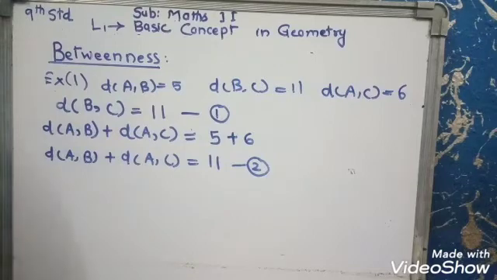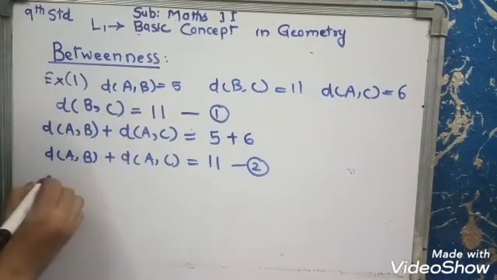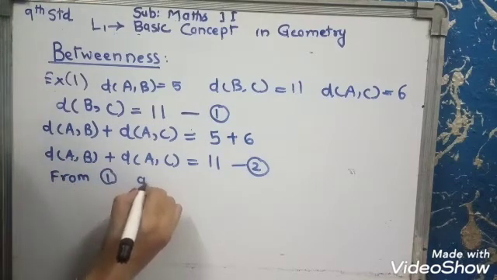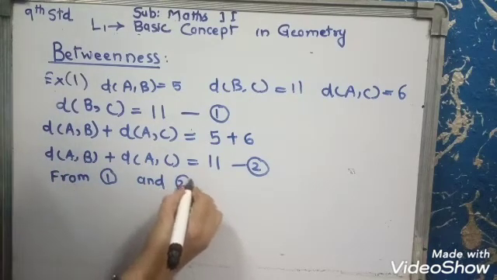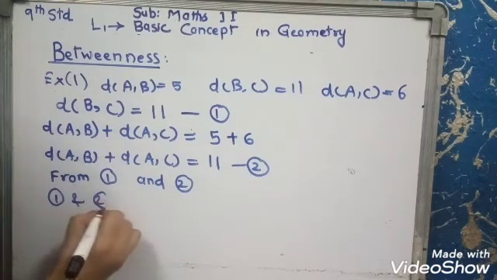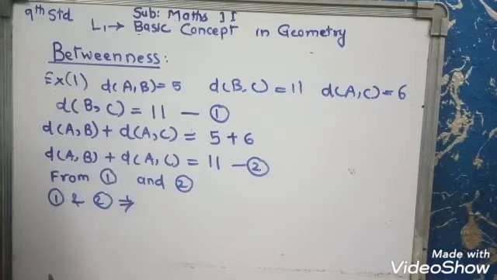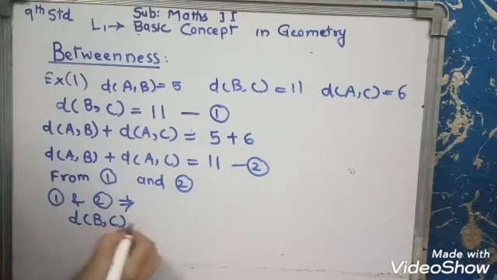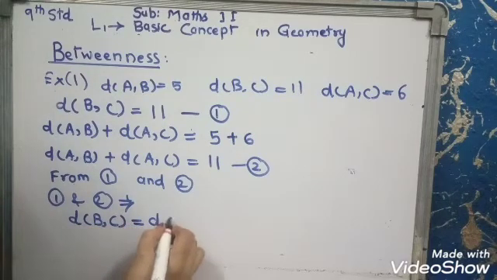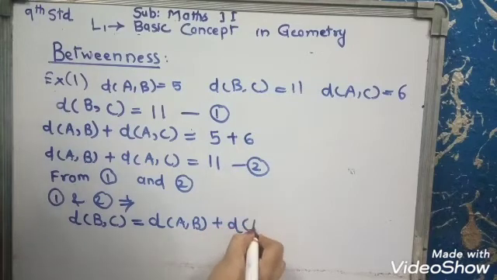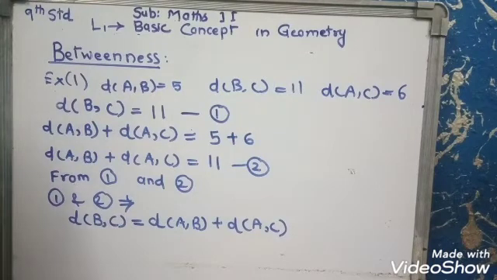Now observe equation number 1 and 2. From equation number 1 and 2, it is clear that distance BC is equal to distance AB plus distance AC. This is the condition for betweenness.